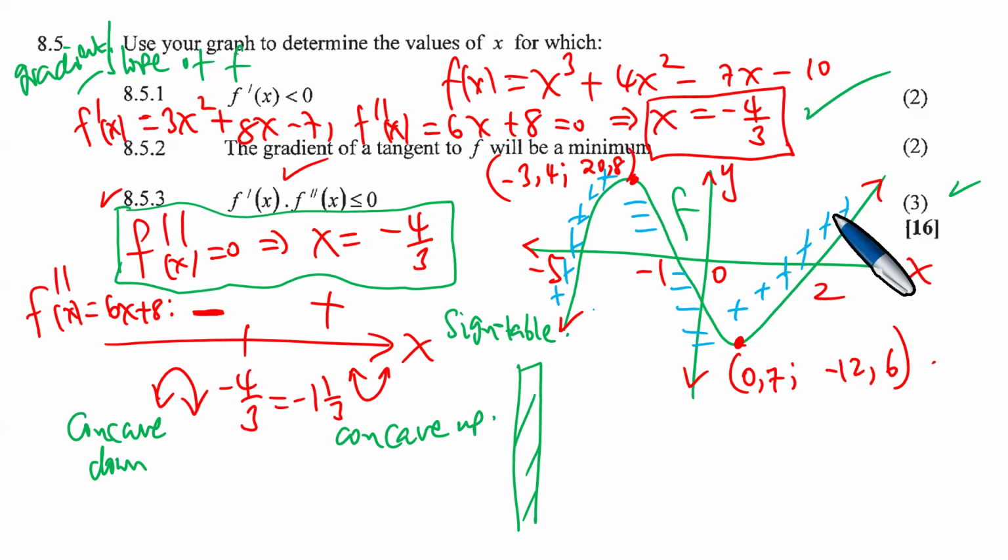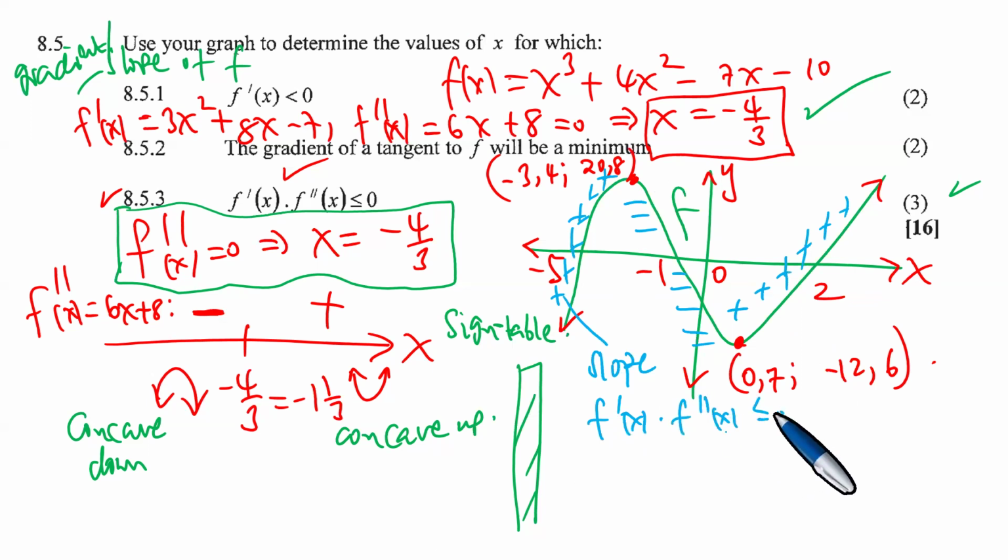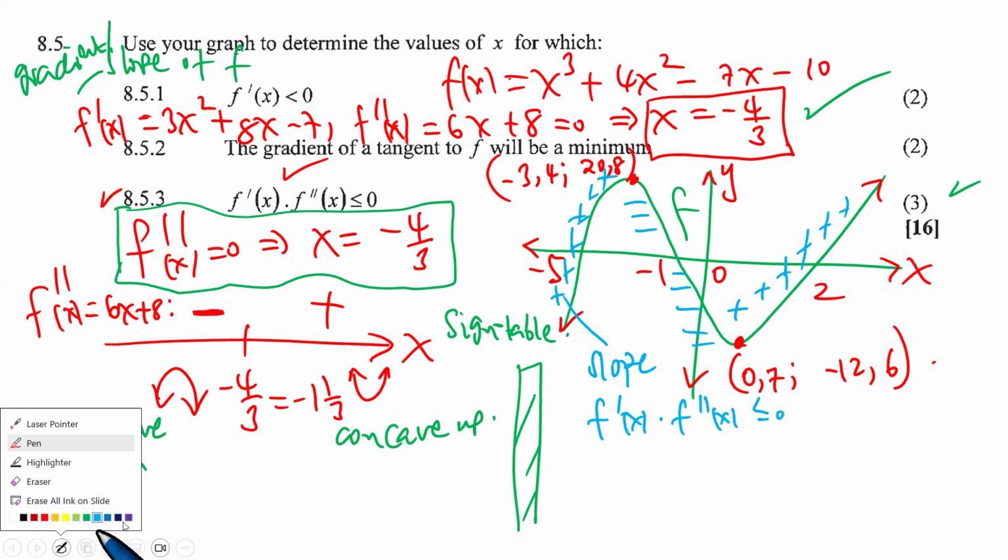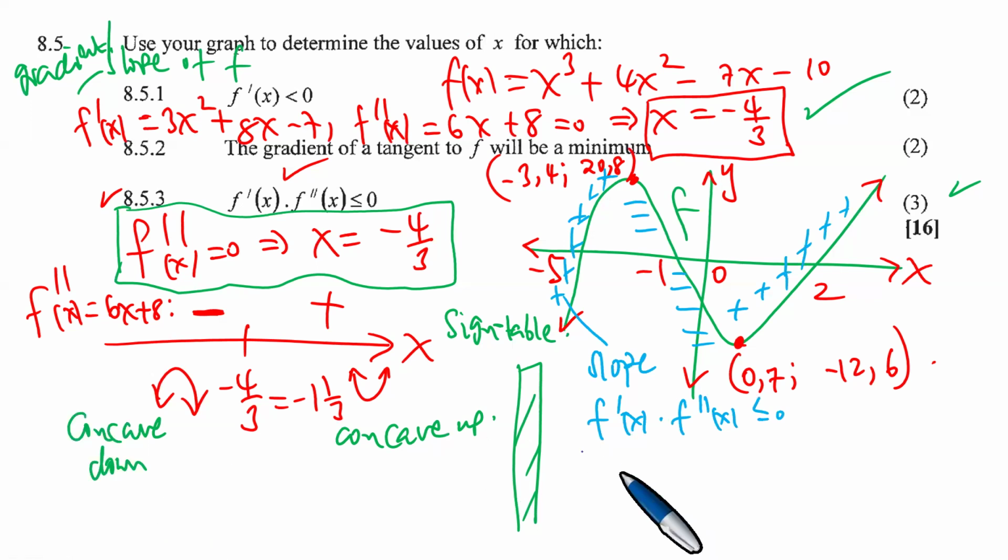Now, we're dealing with the slope, because I want to answer this question. To answer this question, you must just use positives and negatives. So what we're having here is f prime. This is negative and this is positive, and then here it is positive and this is negative.